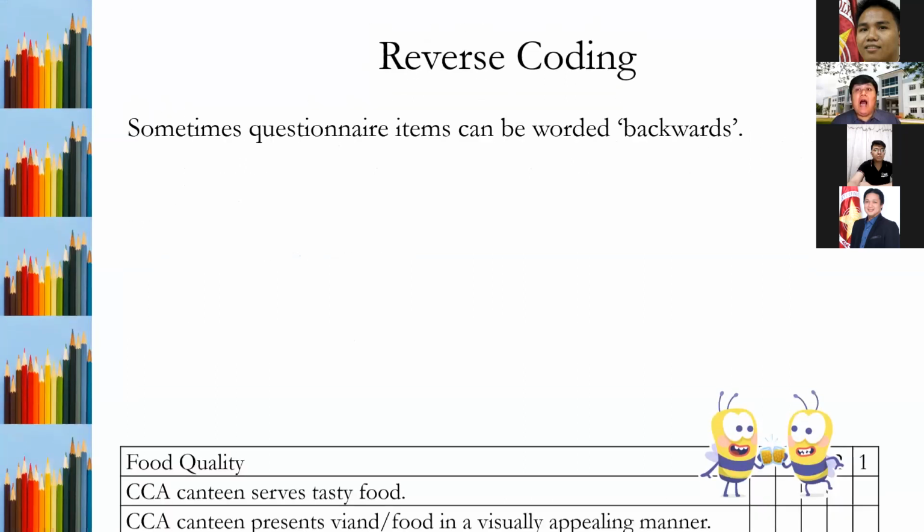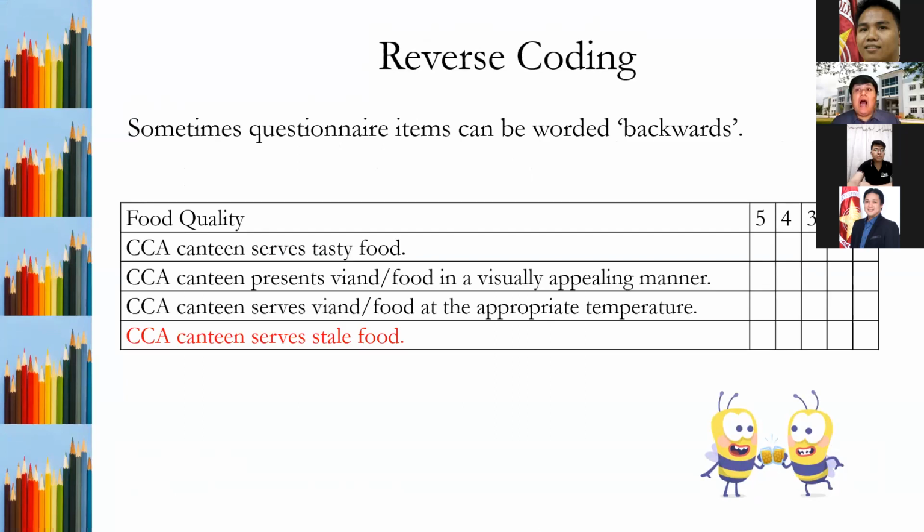Number 4, reverse coding. You need to consider also if you want to do reverse coding, particularly if you are coming up with quote-unquote negative items. Let's have an example here. Let's assume we have four items to measure food quality.